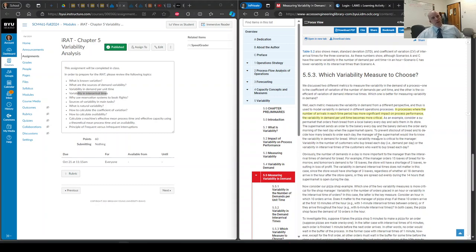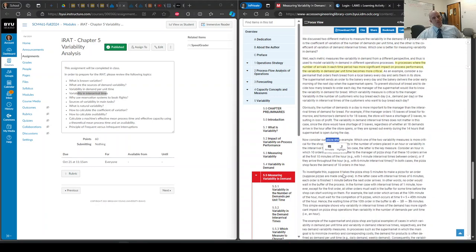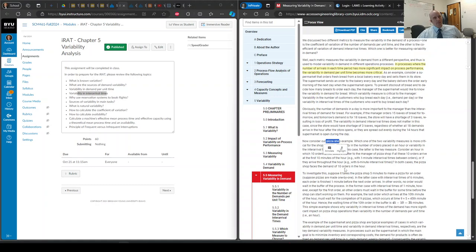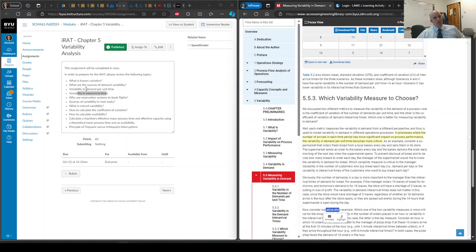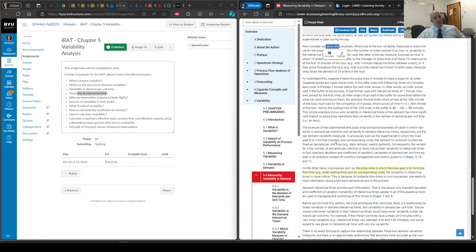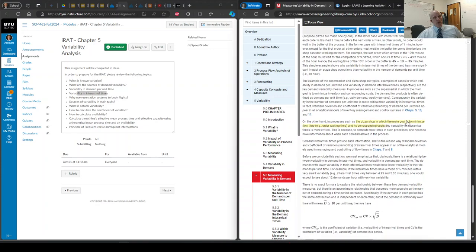And it goes on to say that the local bakery is interested more in daily sales, but the pizza shop example is more interested in the inter-arrival times. And so this section talks about both demand per unit and inter-arrival times. In a pizza shop, where the main goal is to minimize the flow time or order waiting time and its corresponding costs, the variability in inter-arrival time is more critical.